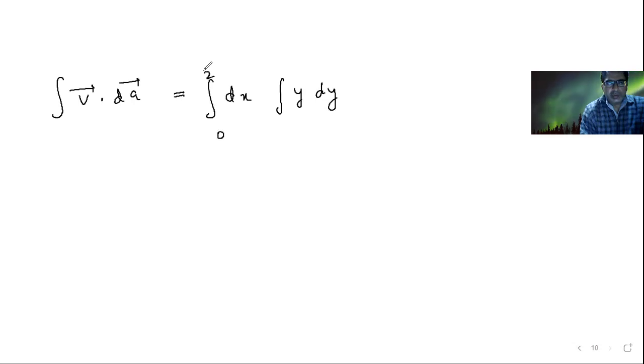We integrate v dot dA to simply integral dx integral y dy. Limits of integration are 0 to 2 on x, 0 to 2 on y. When you make the calculation, it turns out to be equal to 4.